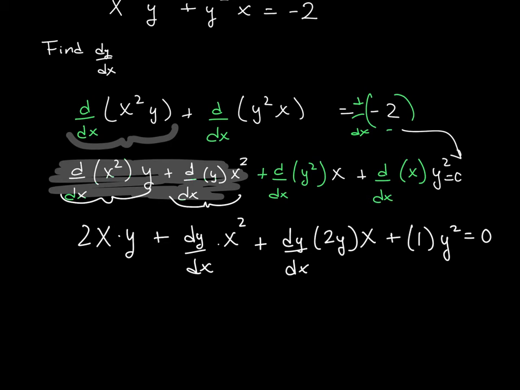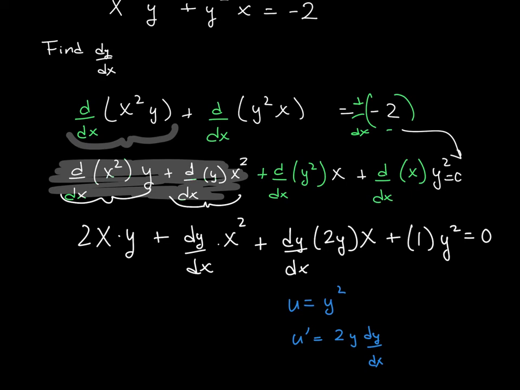Referencing the product rule here for the second term in terms of u and v, if you wish, u in this case will be y squared. The derivative of y squared is 2y dy/dx in this case because we have the y variable.